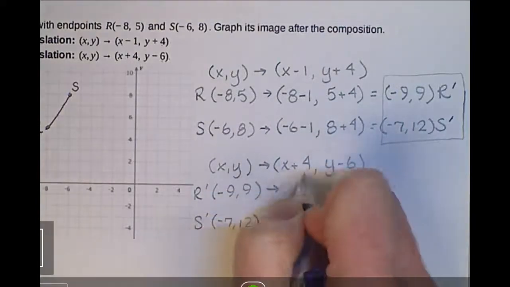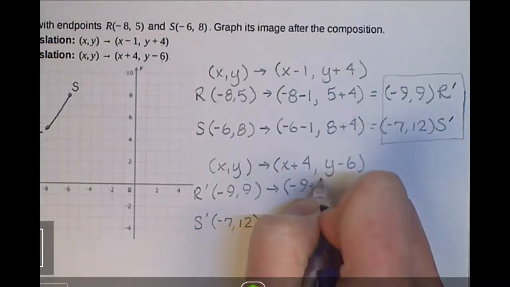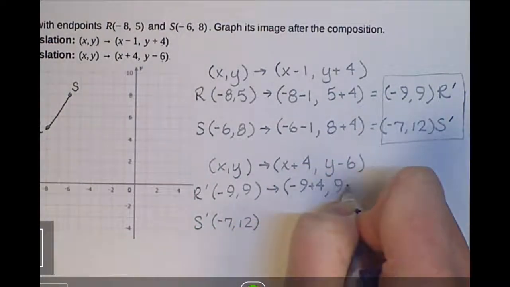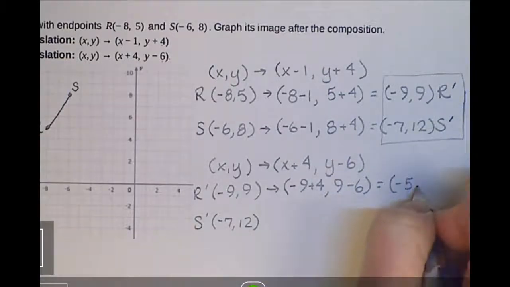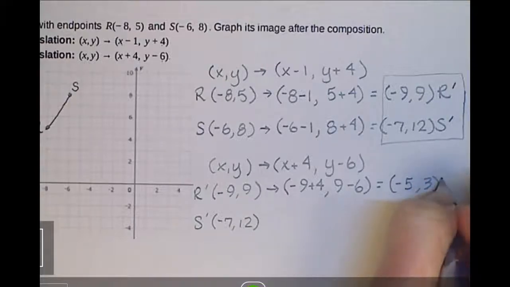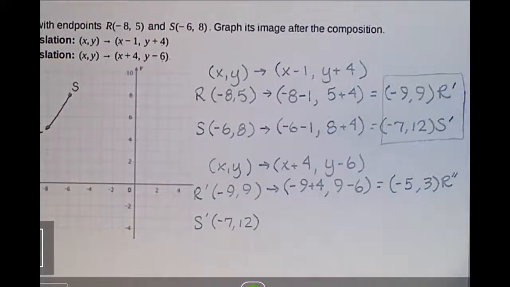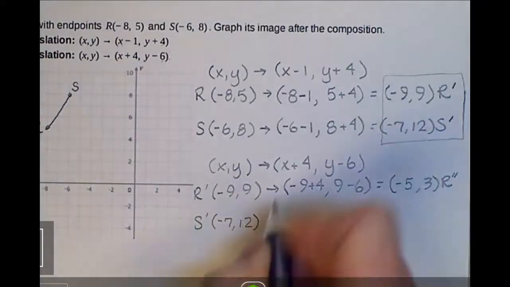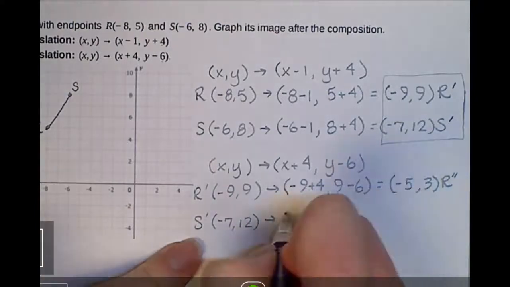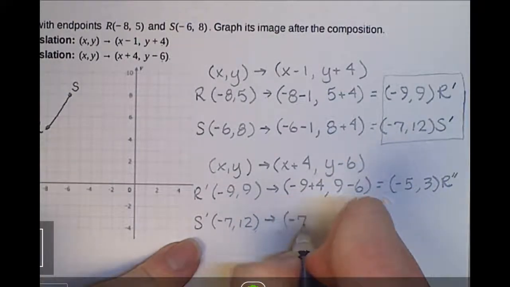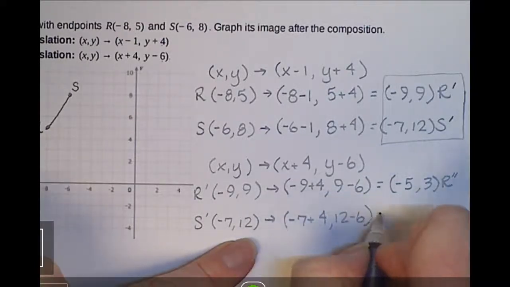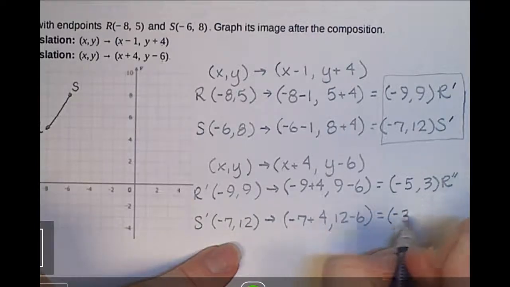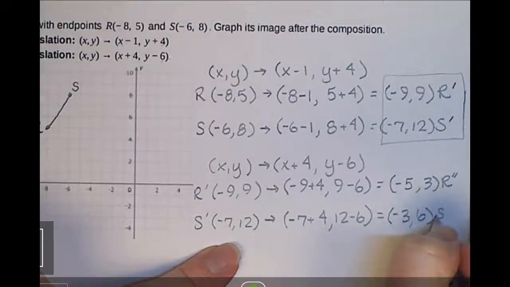Applying the rule, -9 plus 4 and 9 minus 6 gives us the coordinate point -5, 3. That is labeled R double prime because it's the second time that we've translated our original point R. For S prime, -7 plus 4, 12 minus 6 gives us -3, 6 as our S double prime.